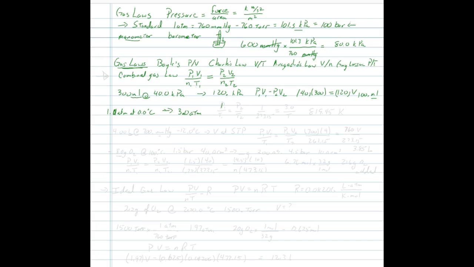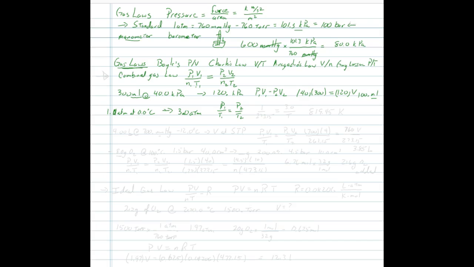So you have the pressure and you have the temperature. The volume and the number of moles can just be ignored, so it's P1, T1, P2, T2.